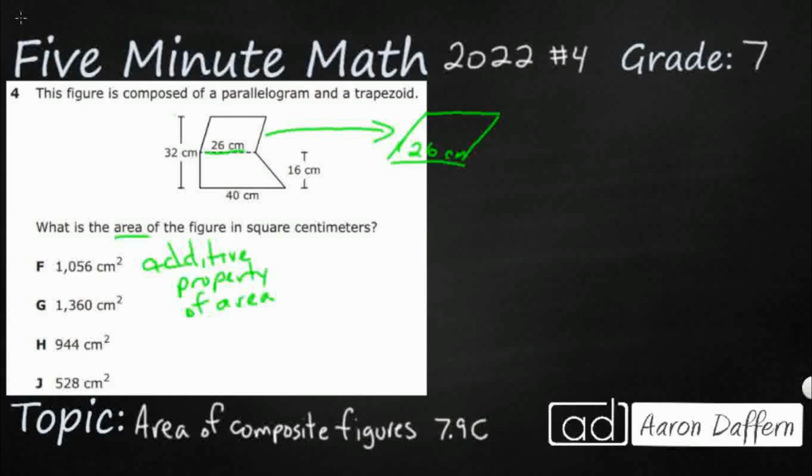The height of the entire figure is 32 centimeters, and the height up to the base is 16, so what's left is going to be another 16. So really it's just cut in half, but we needed to reason that out. So we've got 16 centimeters as our height.